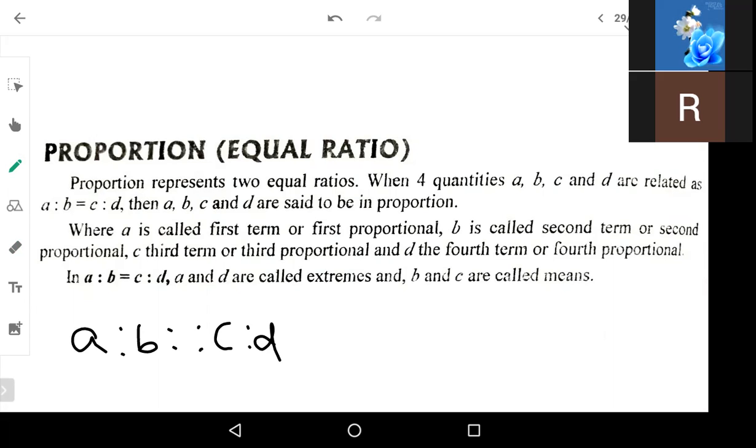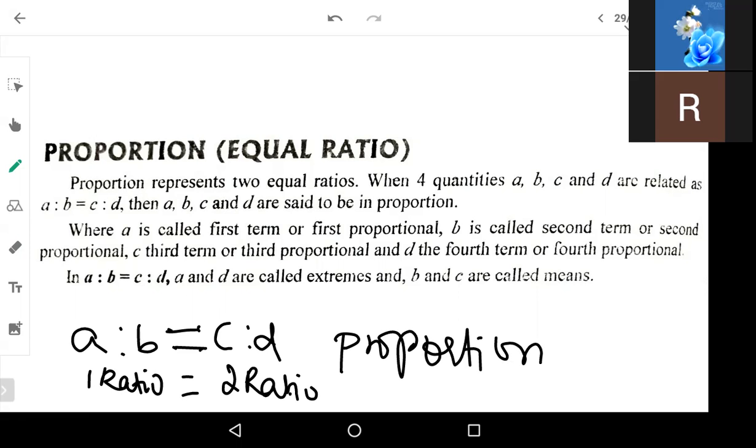But here, instead of using is as to, we are just using equal to. So the first ratio A is to B is equal to the second ratio C is to D. Okay. So this is called a proportion.